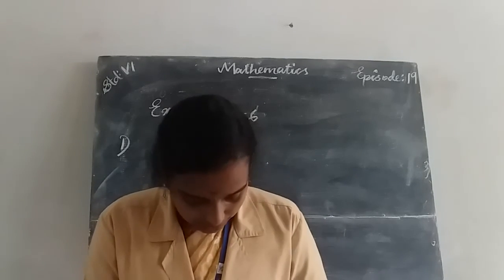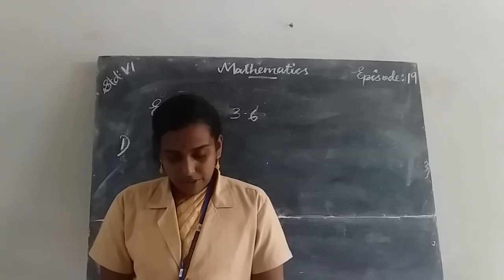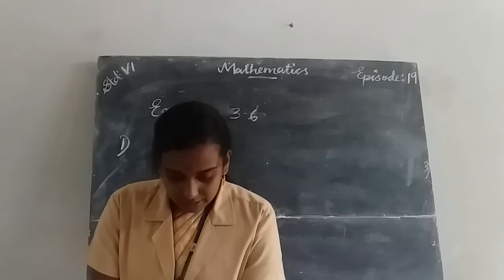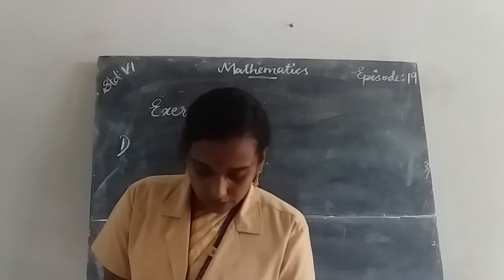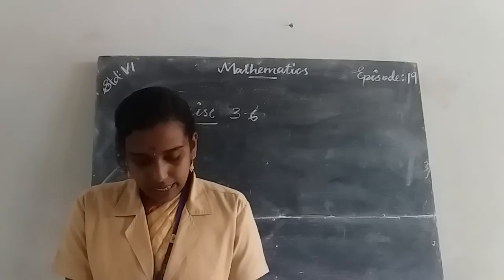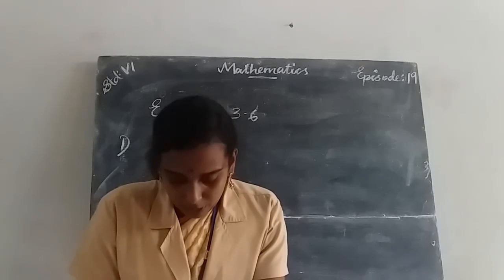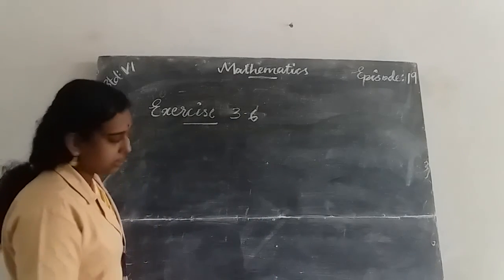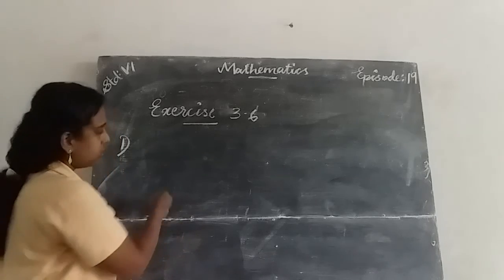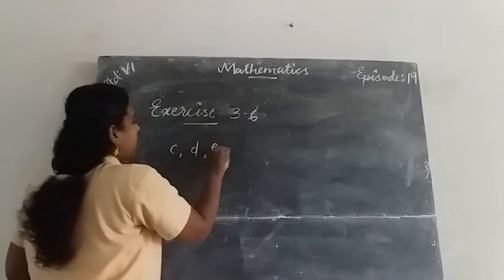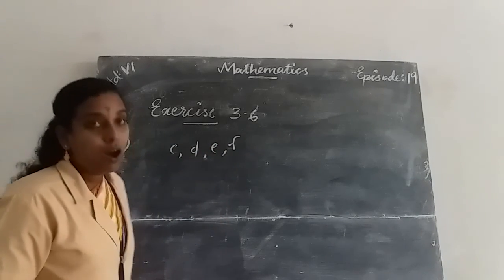The next question, find the common factors of 18 and 16. That's your homework. Question numbers C, D, E, F in exercise 3.6, question number 1, is your homework.